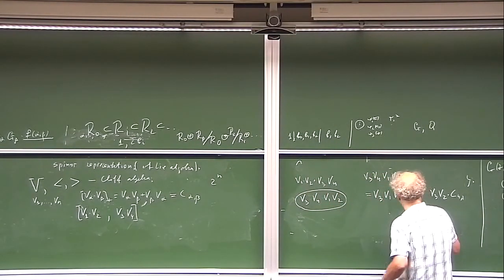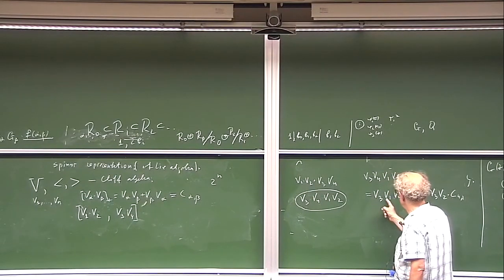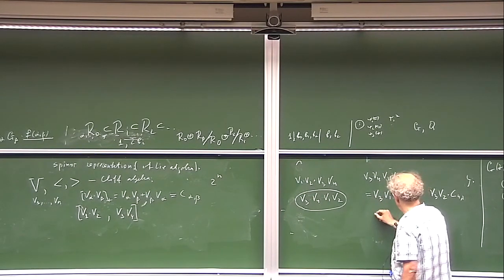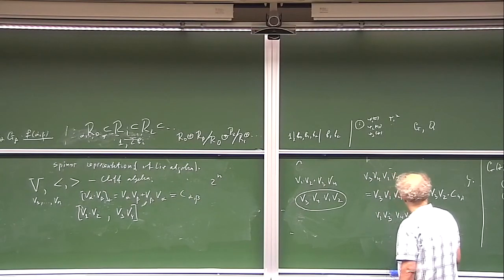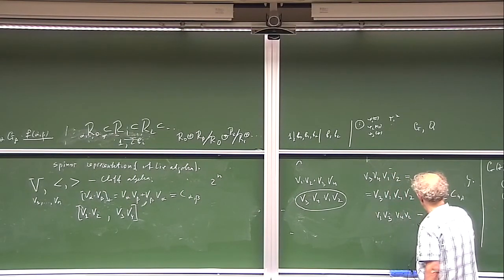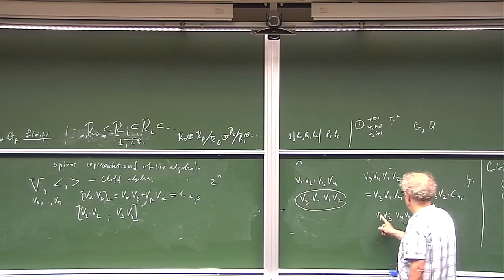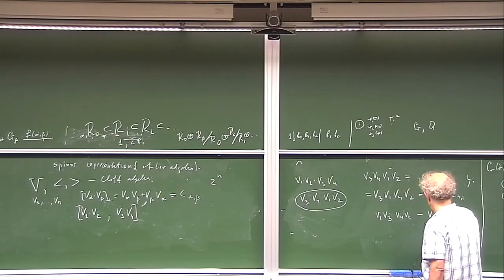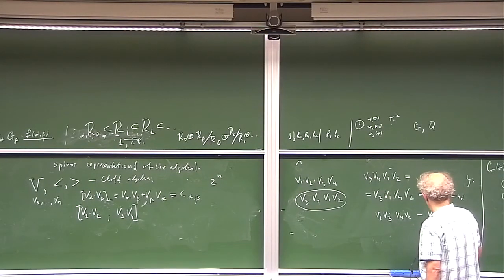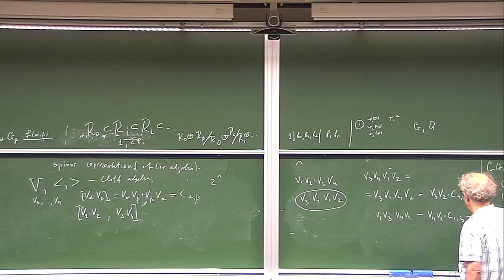So I start to do it. I write this. Next, I want to put V1 here, so it will be V1, V3, V4, V2, so minus V4, V2, and here I have C1 3. And this remaining is minus C3, V3, V2, C4 1.